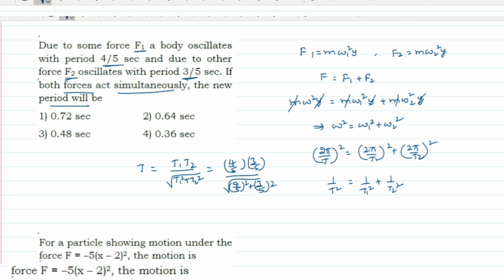In the denominator, 4 fours are 16 plus 3 threes are 9, 16 plus 9 is 25, 25 by 25 is 1, so the denominator is 1. In the numerator, 4 threes are 12, so 12 by 25, which is nearly 0.48 seconds.